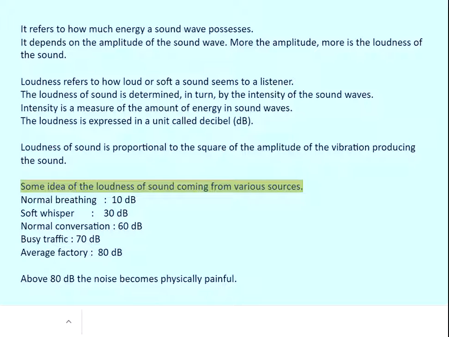Some idea of the loudness of sound coming from various sources: normal breathing 10 decibels, soft whisper 30 decibels, normal conversation 60 decibels, busy traffic 70 decibels, average factory 80 decibels. Above 80 decibels the noise becomes physically painful.